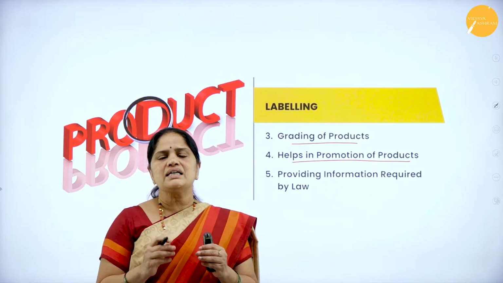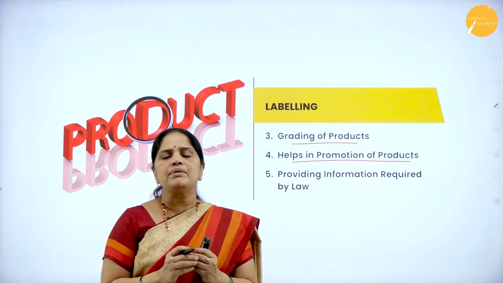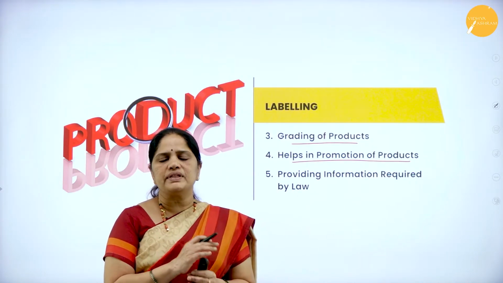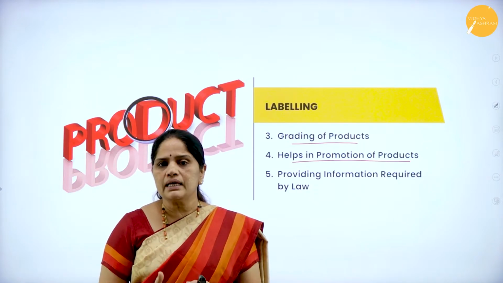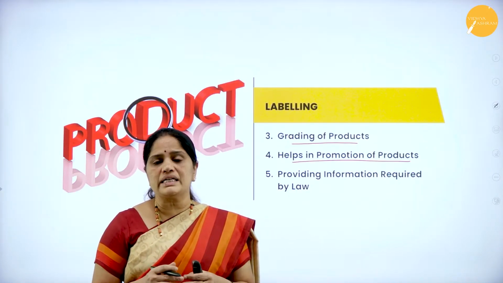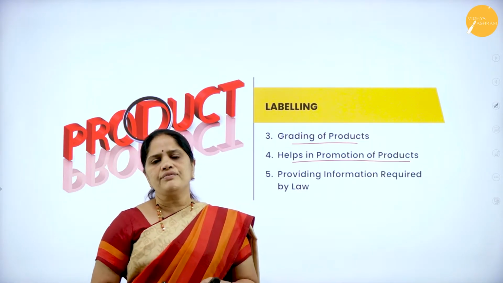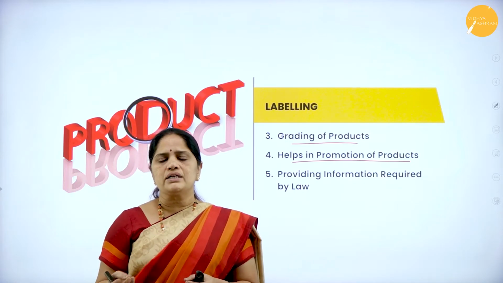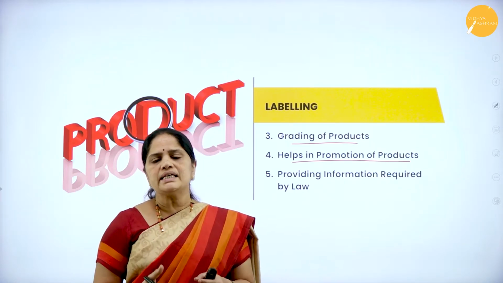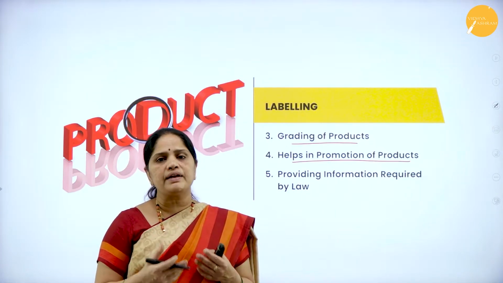There are certain things which are attached to that brand, and we will be able to know this only with the help of the labels. So the labels will be used for promoting the product or in sales promotion measures, that is buy one get one free, or if you buy a toothpaste you get a toothbrush free. In this way it helps in promoting the product. It can be done very easily with the help of labeling.